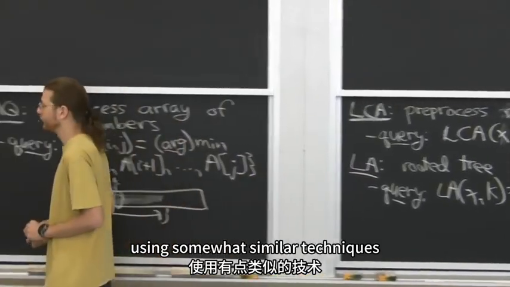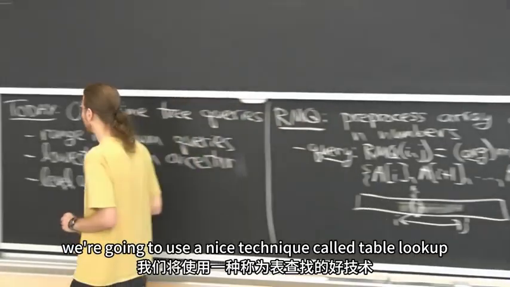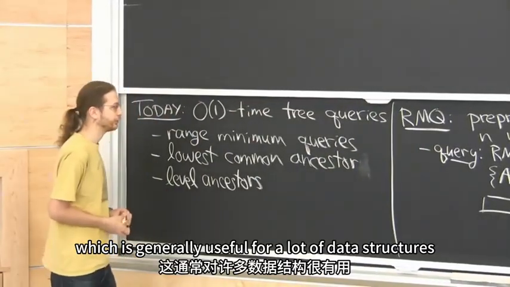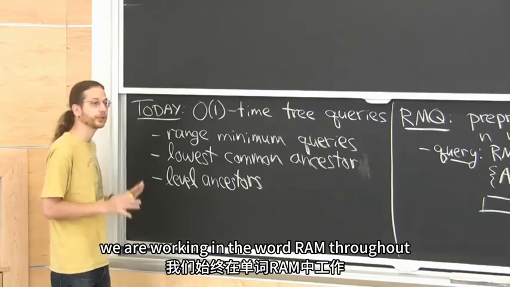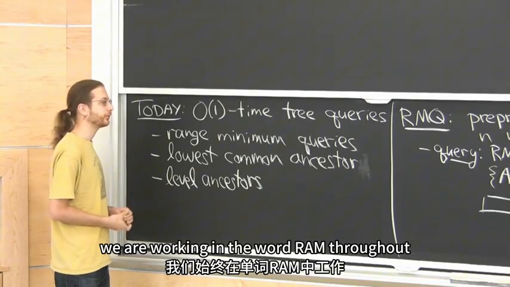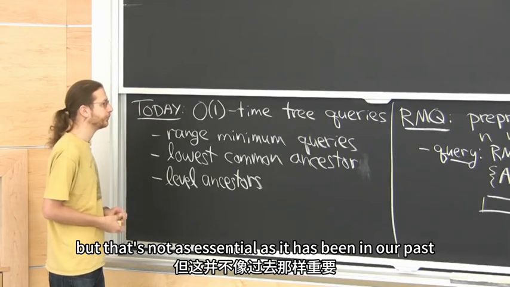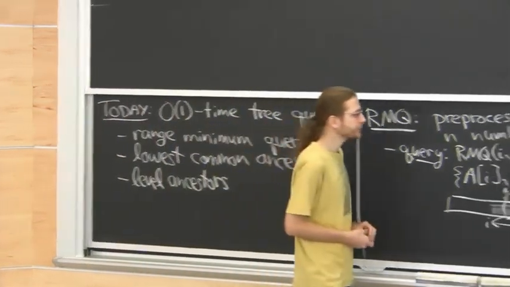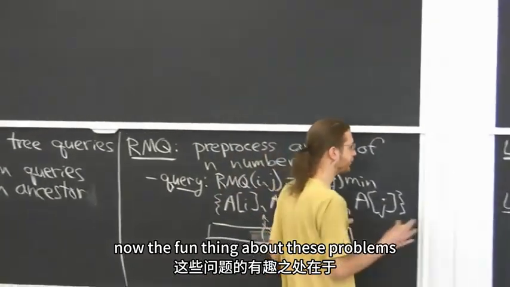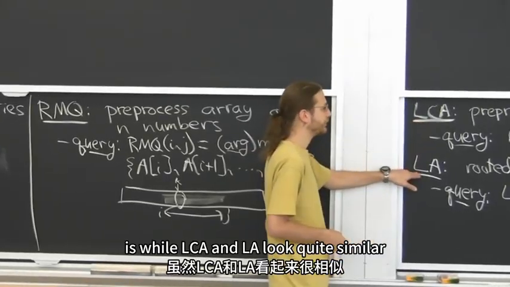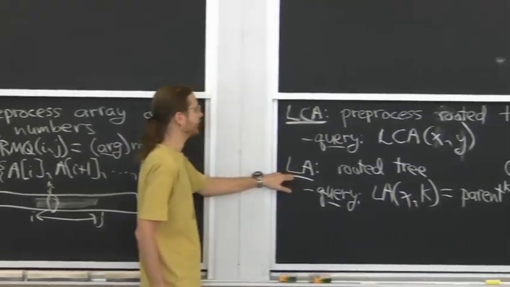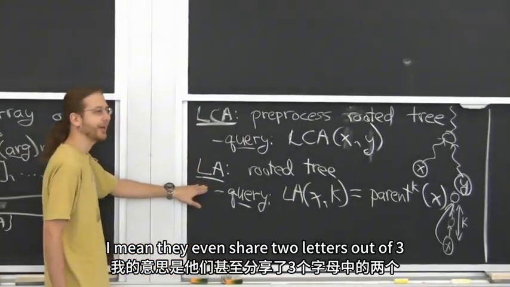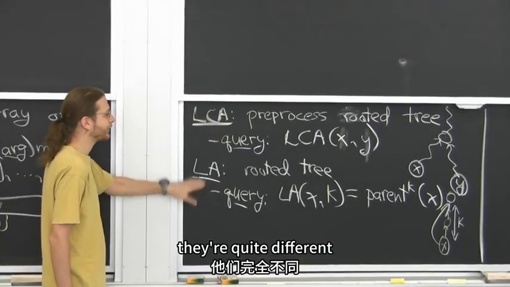Using somewhat similar techniques, we're going to use a nice technique called table lookup, which is generally useful for a lot of data structures. We are working in the word RAM throughout. But that's not as essential as it has been in our past integer data structures. Now, the fun thing about these problems is while LCA and LA look quite similar, I mean, they even share two letters out of three, they're quite different.